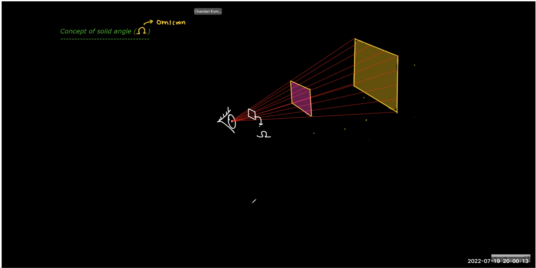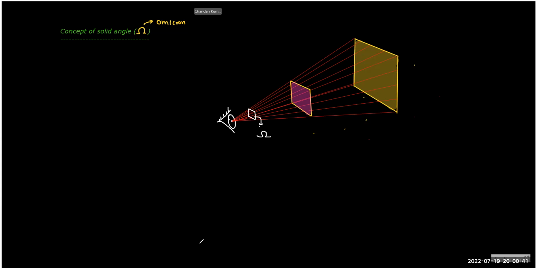You can imagine how big the sun is, but still the light ray is creating a solid angle on your eye, and through that angle it is visible to you. So the solid angle is the angle subtended by some surface.